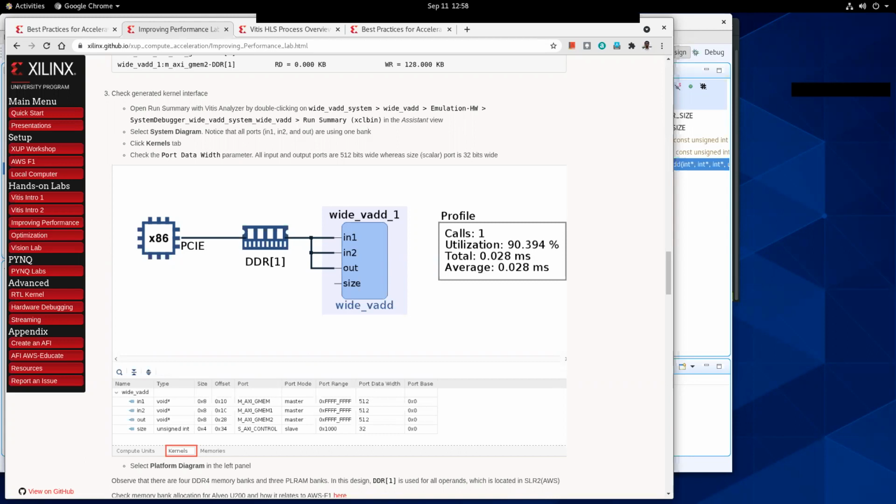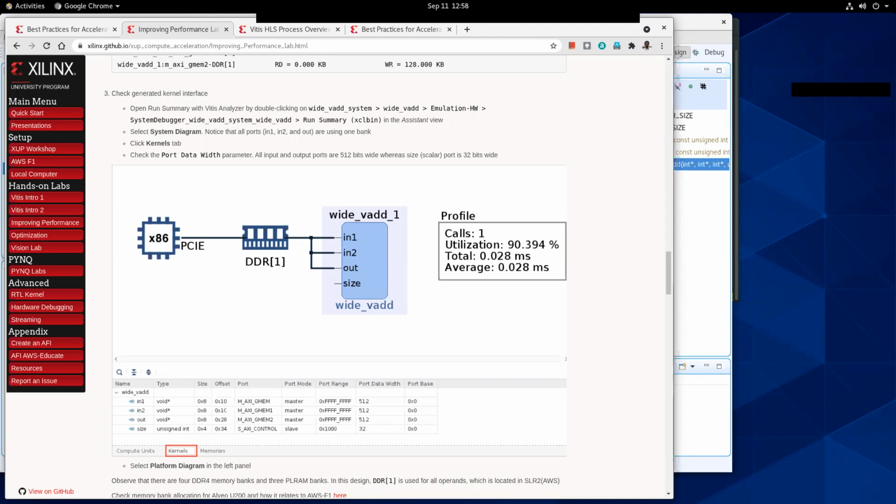But right now we are using only 32 bits. How much bandwidth are we using? 512 by 32. So we are not using the full DDR bus width.